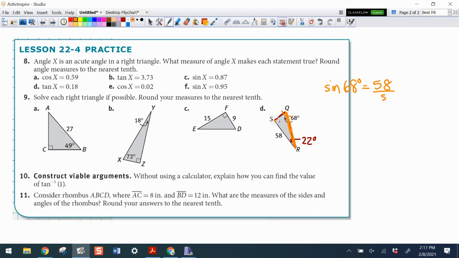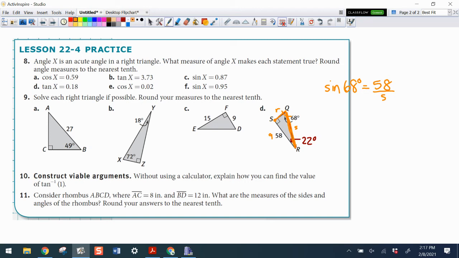Notice, opposite of vertex S, we'll call lowercase s. Opposite of vertex R, we'll call lowercase r. Therefore, 58 is lowercase q. It's just how we often name opposite sides of our triangle: the lowercase letter opposite of that angle.